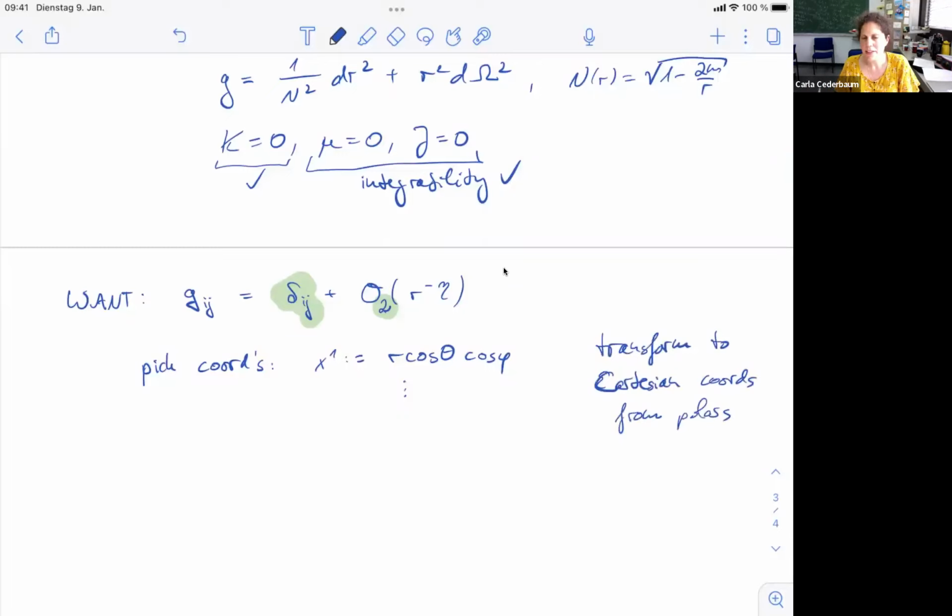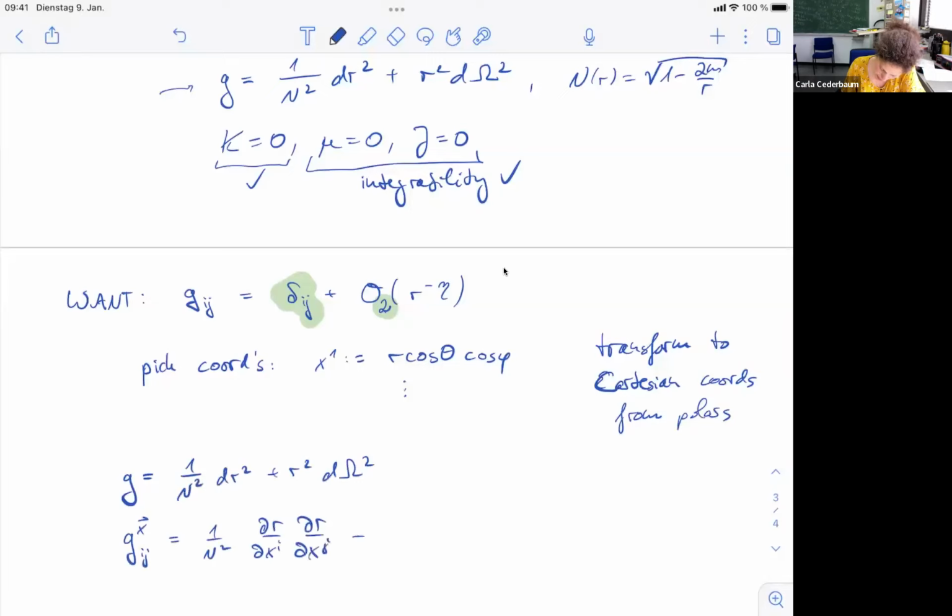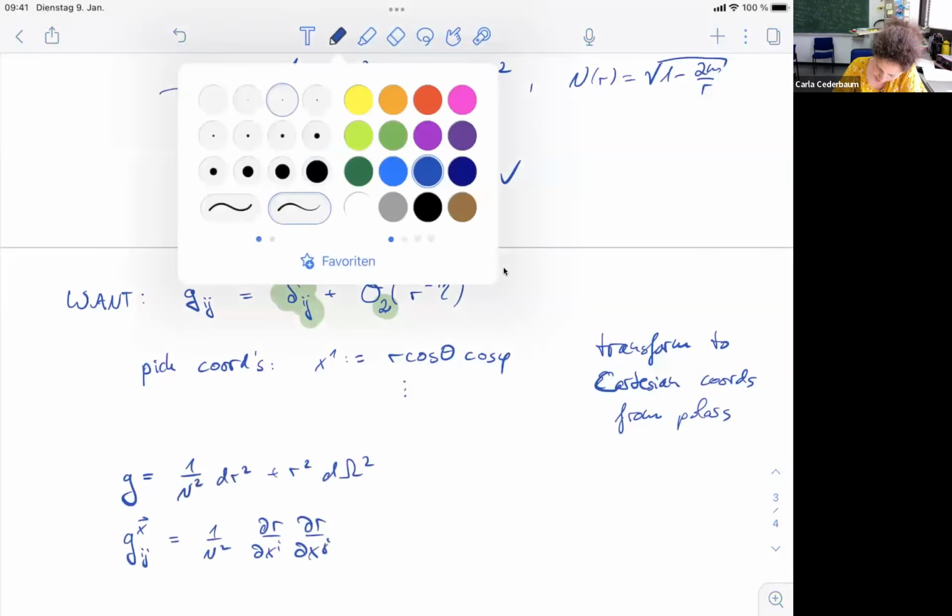And then I will need to write the Schwarzschild metric here in these new coordinates. So how do I do this? Well, I write g is 1 on n squared dr squared plus r squared d omega squared. So then g_ij in my new coordinates x will be 1 on n squared dr/dxi dr/dxj plus r squared, oh, now I'm using a trick. Let me first explain the trick.